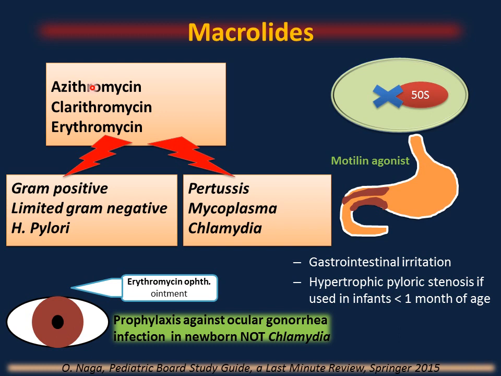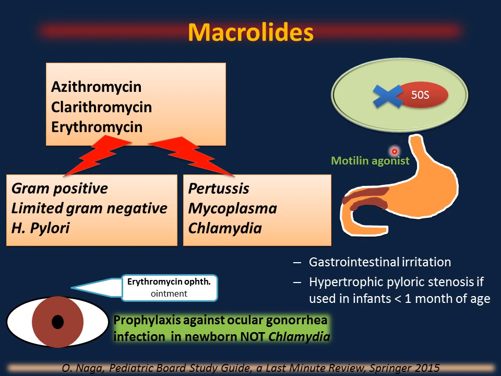Very important to know that all macrolides inhibit the cytochrome P450, so there are a lot of drug interactions. Azithromycin does not inhibit the cytochrome P450. So all the macrolides inhibit the P450 except azithromycin. Also, you need to know that macrolides are motilin agonists.